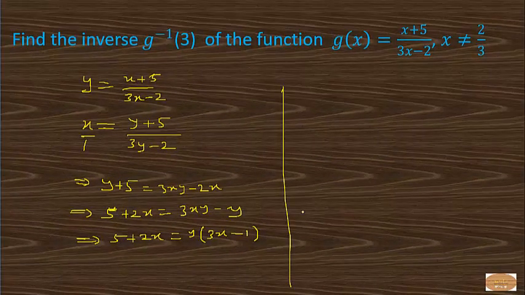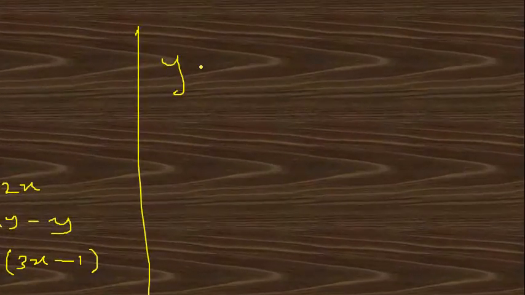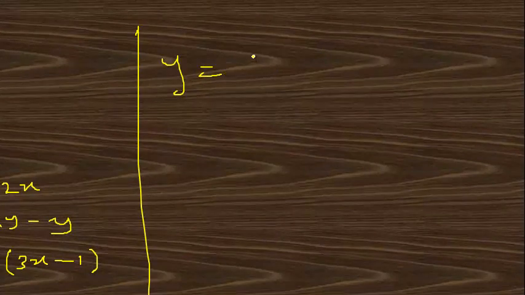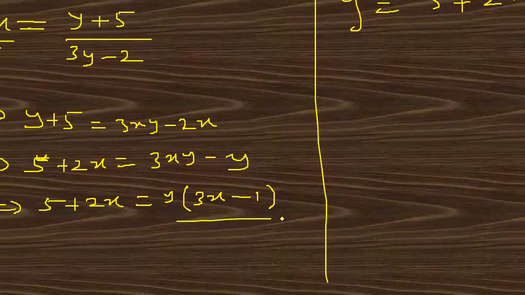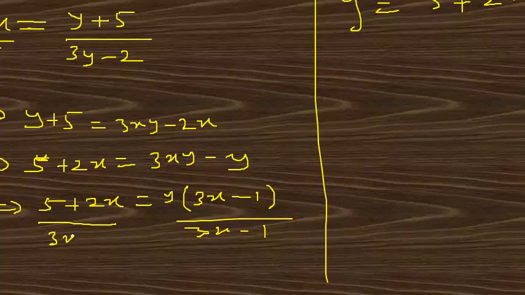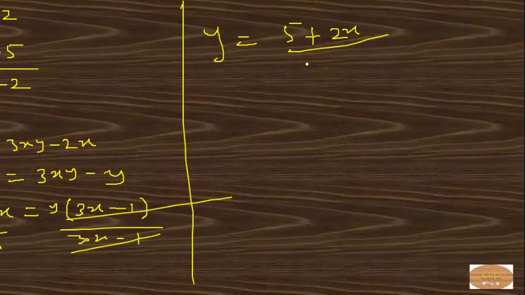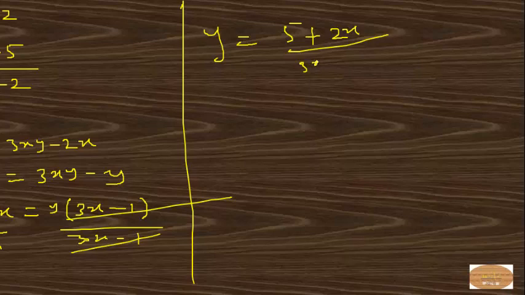Alright, so y is simple: 5 plus 2x. So we can divide both sides by this one, 3x minus 1. So this one will cancel this. So we have over 3x minus 1.